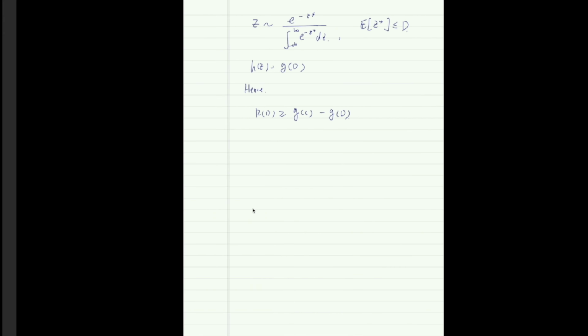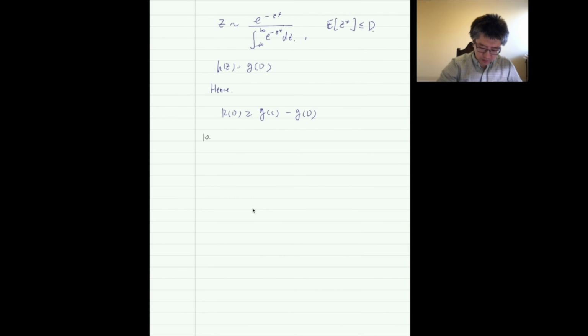This is pretty straightforward, because we're adding more symbols for the distortion. That is always a good thing, because R tilde D will always be less than or equal to RD, where R tilde D is the new rate distortion function after adding the column.